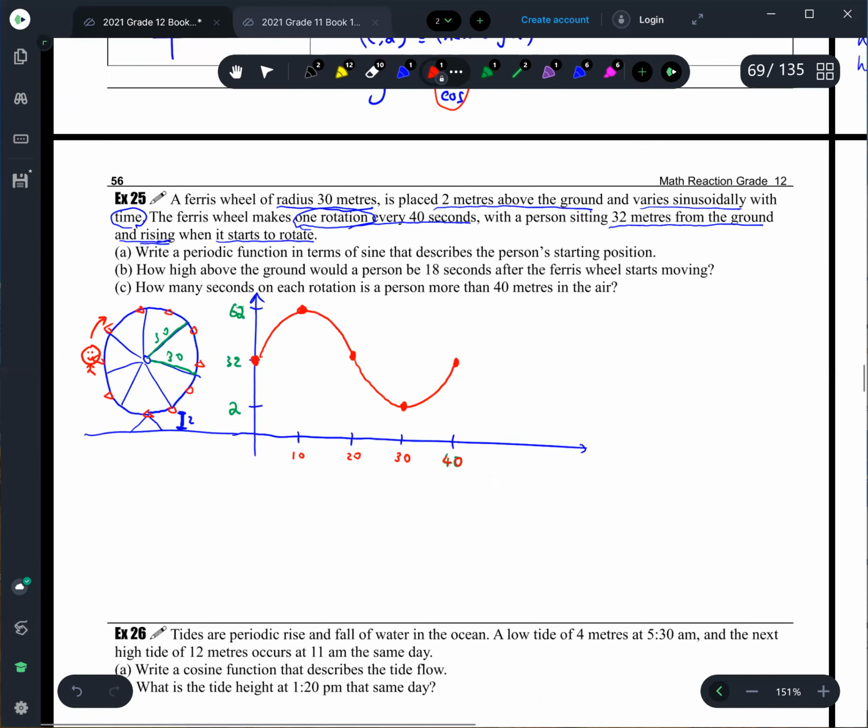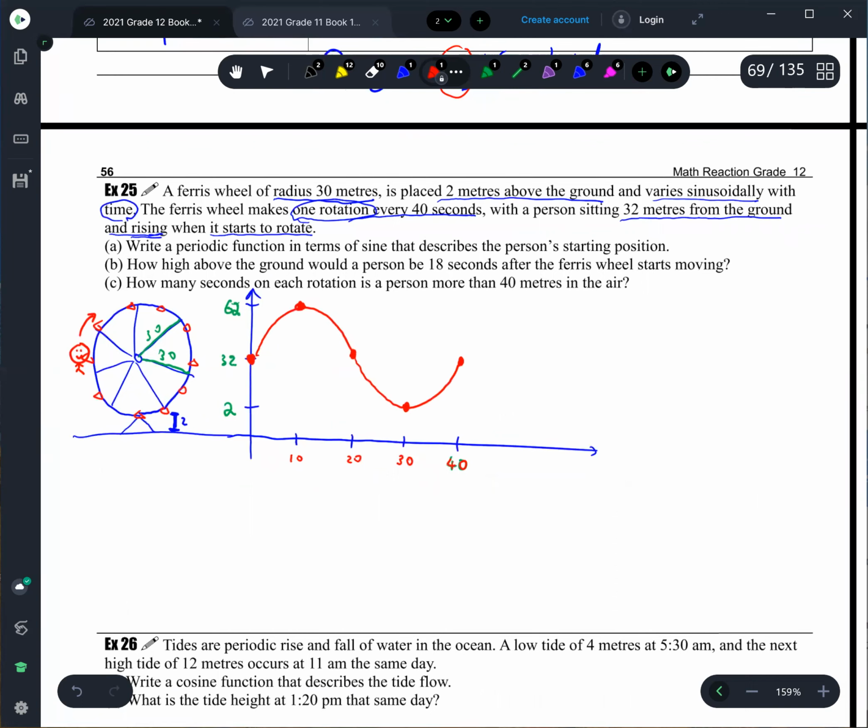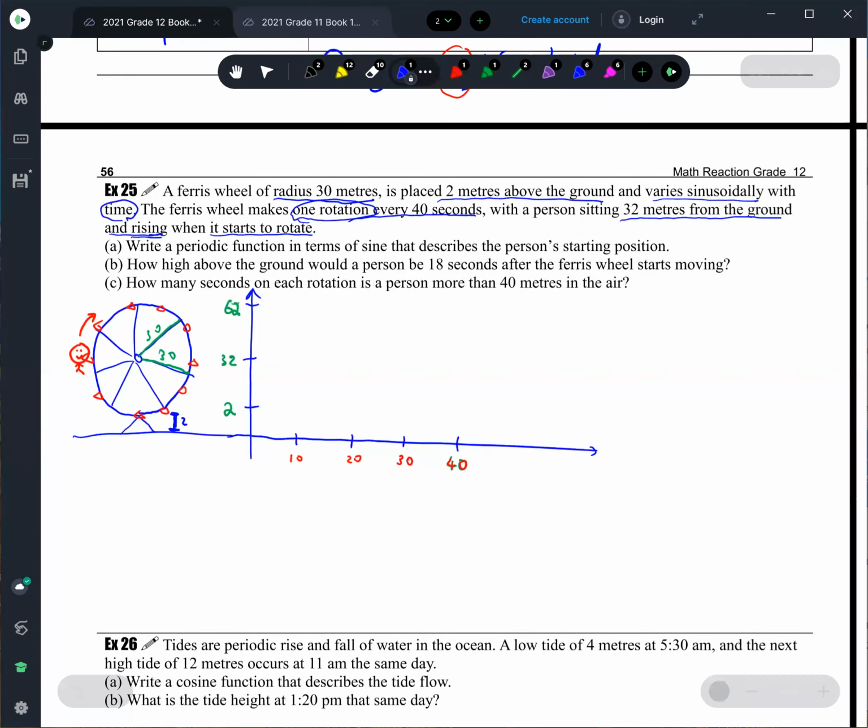Do you get how I connect the points for this one, the Ferris wheel? No. Okay, I'll erase the points first. But you understand how we get all the numbers, right? Yeah. I know the first point has to start from 32 because the question tells you the person is sitting at 32 meters from the ground.